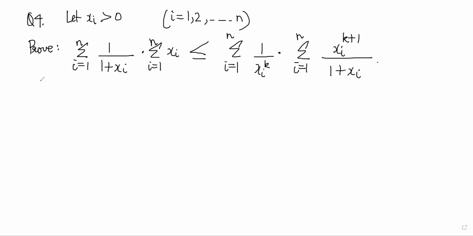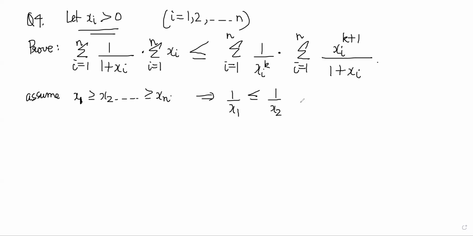Okay, so here we can assume, without loss of generality, that x1 is greater than equal to x2 is greater than equal to xn. We have assumed this. So that implies that 1 by x1 is less than equal to 1 by x2 less than equal to 1 by xn.